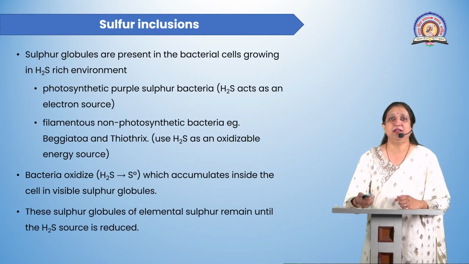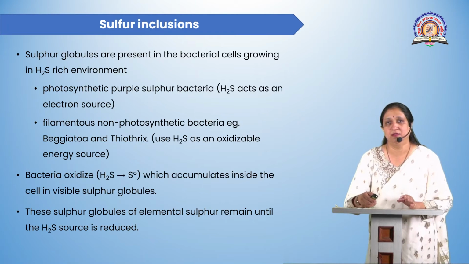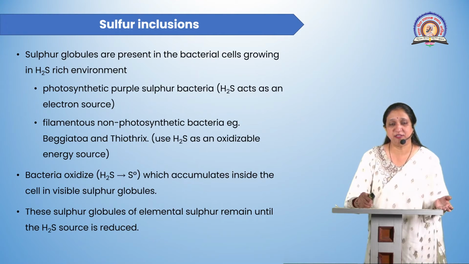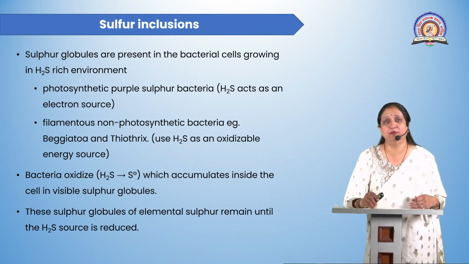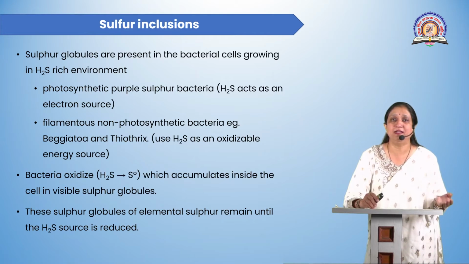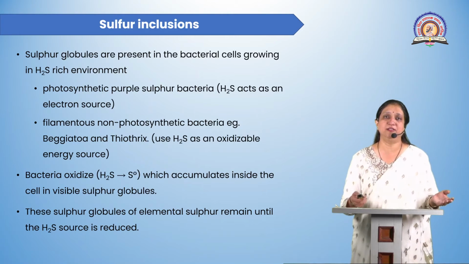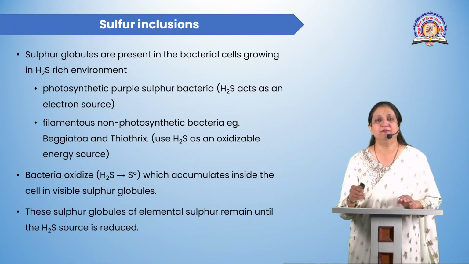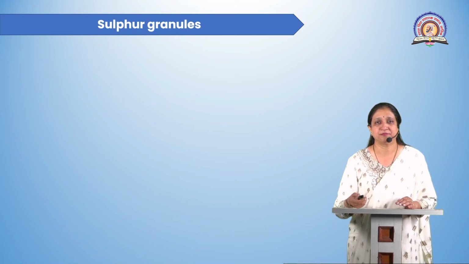These sulfur granules remain until the H2S source is reduced. That is, if there is a deficiency of H2S in the surroundings, then the bacterial cell starts utilizing the sulfur granules as the source of electrons, or the elemental sulfur gets converted into H2S and can act as a source of oxidizable energy.